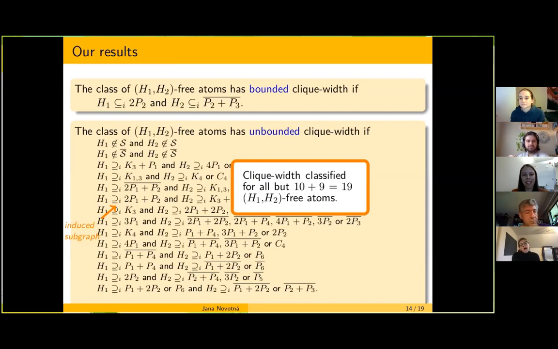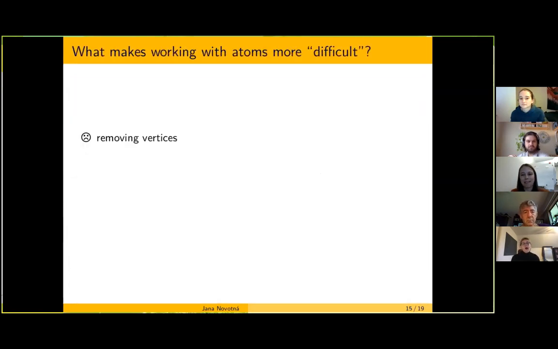So I promised I will tell you about those 10 cases. When you are working with Clique-width of graphs, you usually don't care about a constant number of vertices, because if you delete or add a constant number of vertices, it doesn't change whether your Clique-width is unbounded or not.